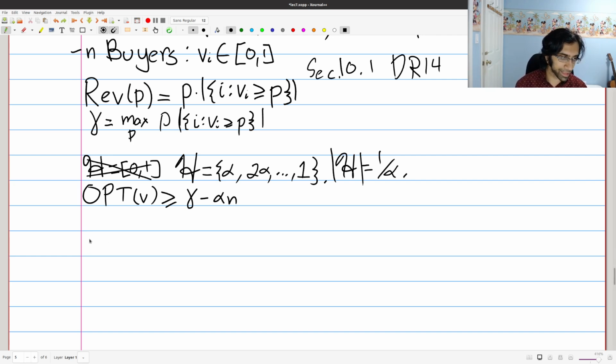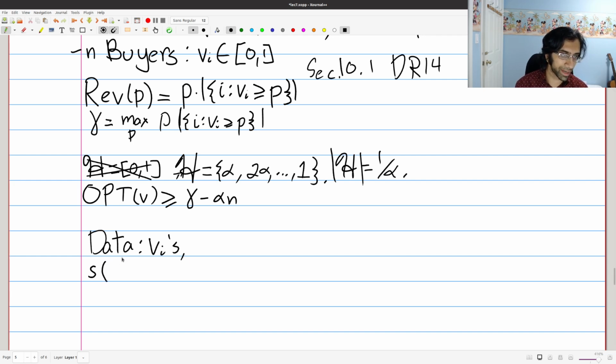So let's instantiate the exponential mechanism. It's fairly easy. So what are we going to need? The data set will be the vector of v's, the vi's. h we have already defined. And then finally, we need to define the score function, and the score function is just going to be the revenue.